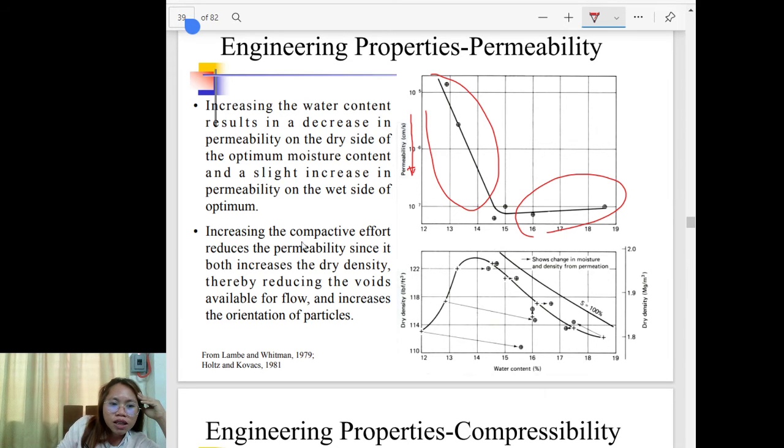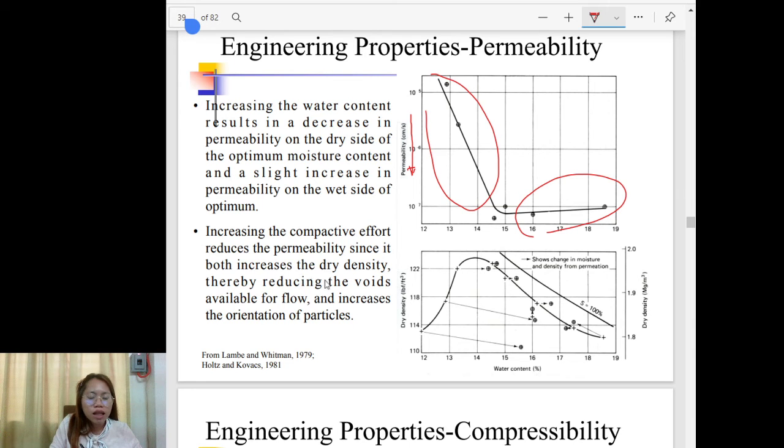Anyway, increasing the compactive effort reduces the permeability since it both increases the dry density, thereby reducing the voids available for flow, and increases the orientation of particles. This shows here that increasing the compactive effort, increasing the number of blows, decreases the permeability, the tendency of the soil to permit water.